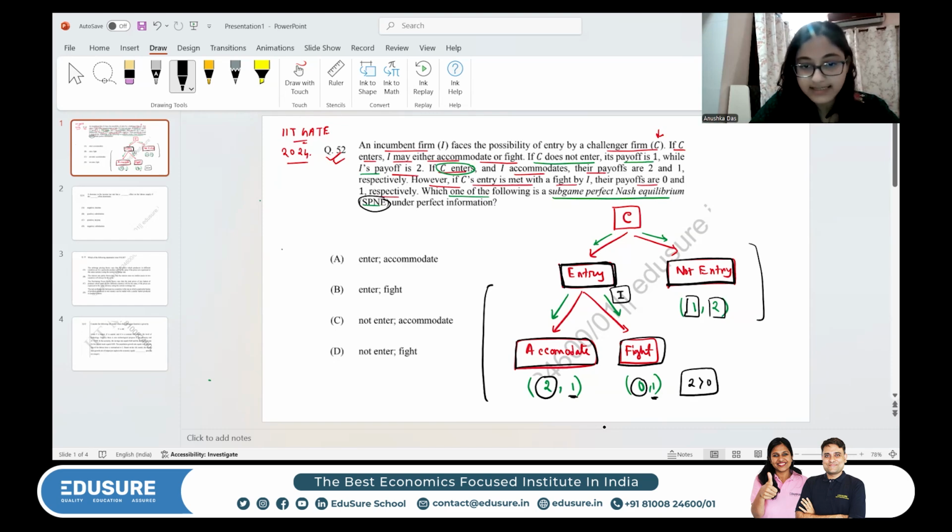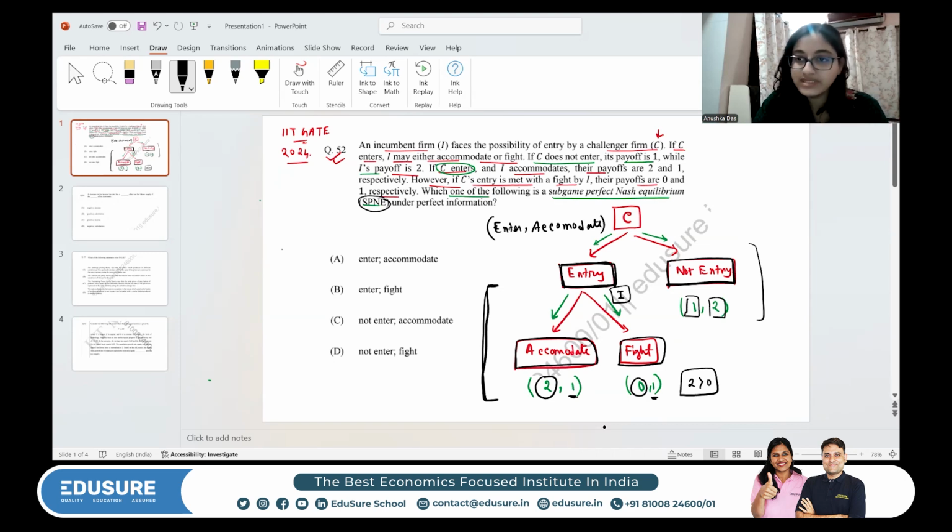So from this particular subgame, it is best for the challenger firm to enter into the market and for the incumbent firm to also accommodate. And if you see, this is the only equilibrium that we need to find out here.